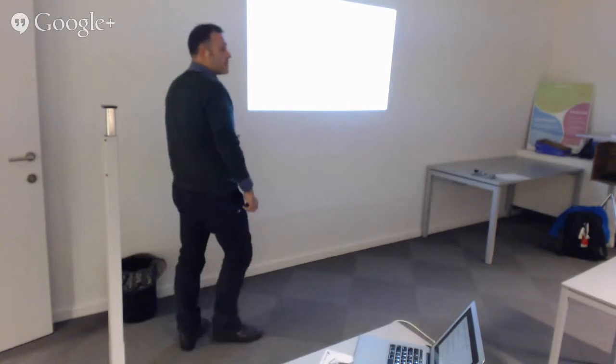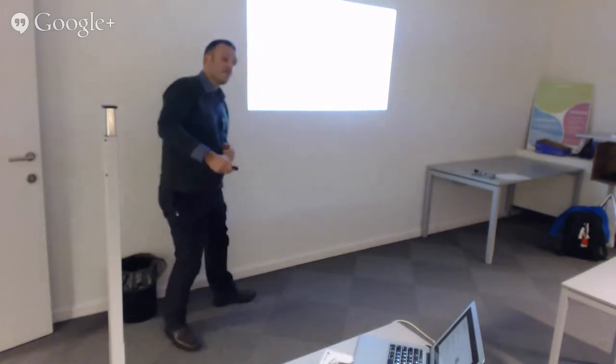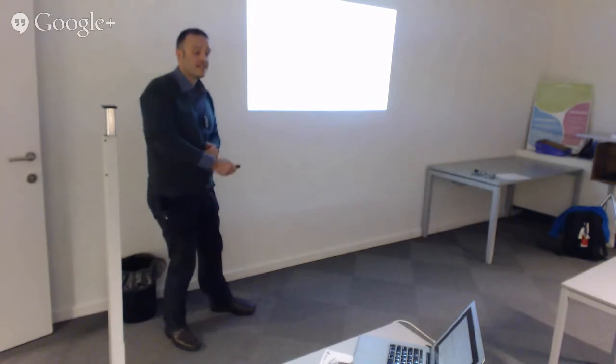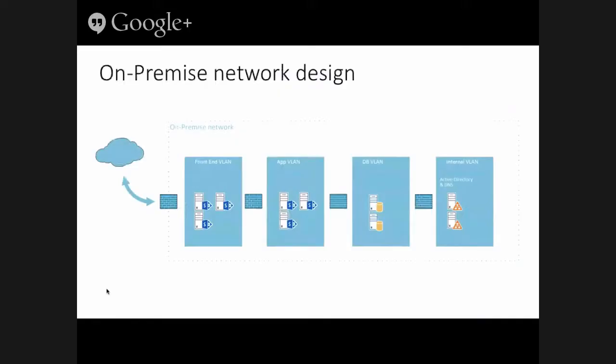So within subnets, and if I go back a few slides, this one. If you want to translate this, you want to have a front-end LAN, VNet, whatever, container. You want to have an app VLAN or database VLAN. So let's say two or three different networks.